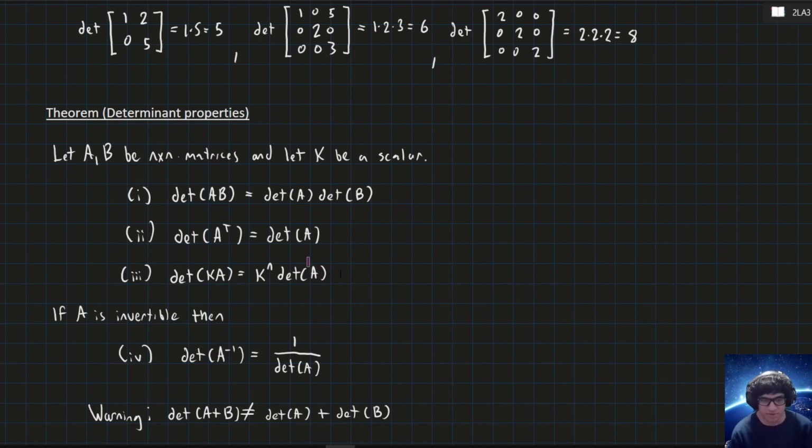So if A was a 3 by 3 and k was some number, you take the k out and raise it to the power 3.